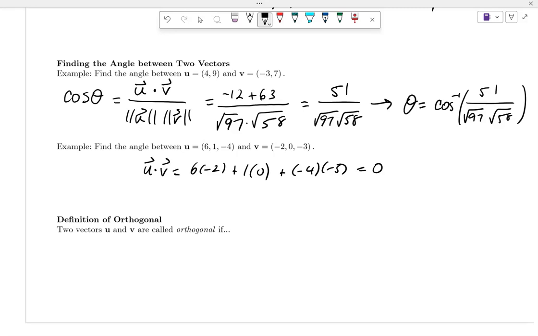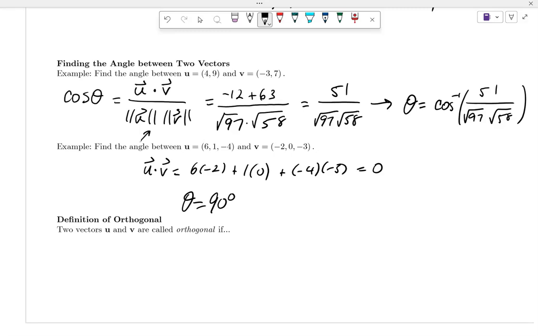Do I need to do any other work? No, because once the dot product is 0, that fraction is 0, as long as you start with two non-zero vectors. Starting with a 0 vector would cause problems in the denominator. But if I get a dot product that's 0, I automatically know that my angle is 90 degrees. I don't have to do any other work.